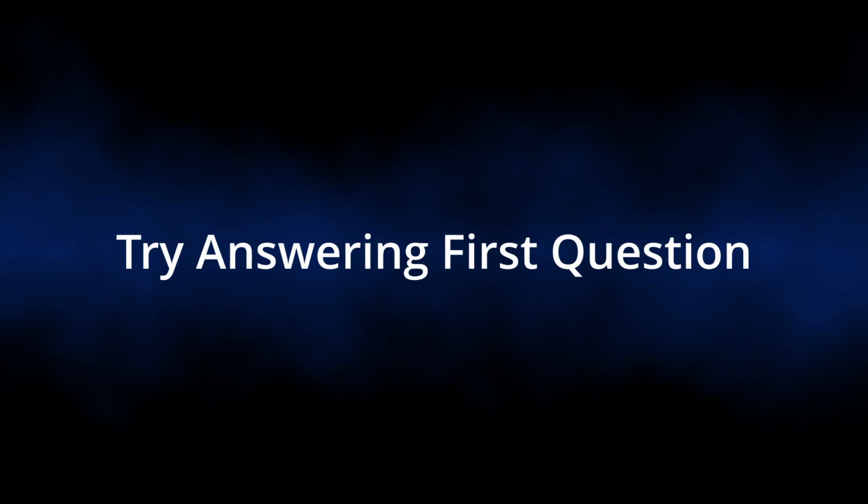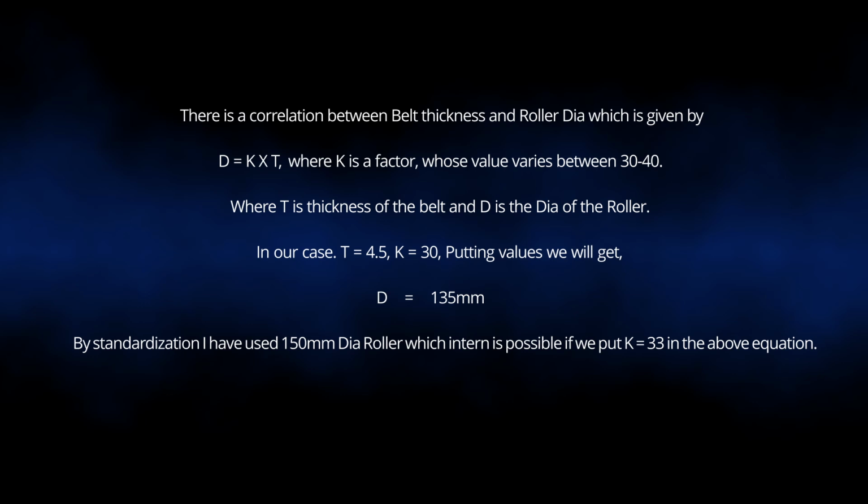In practice, there is a correlation between belt thickness and roller dia, which is given by the following equation: D equals K times T, where K is a factor whose value varies between 30 to 40, and T is the thickness of the belt. In our case, I have selected thickness to be 4.5.